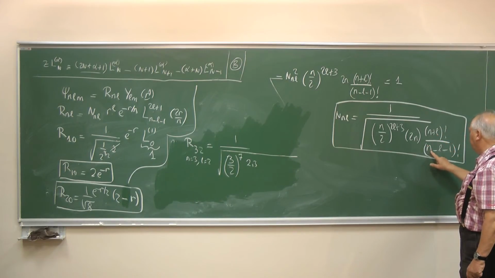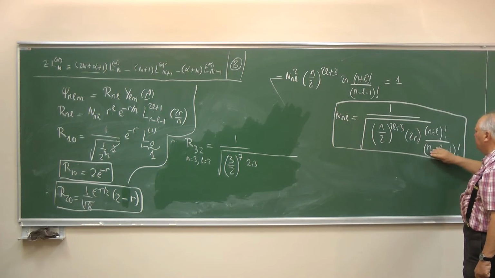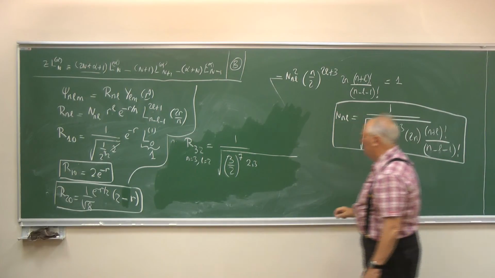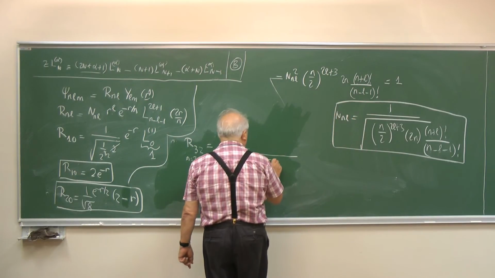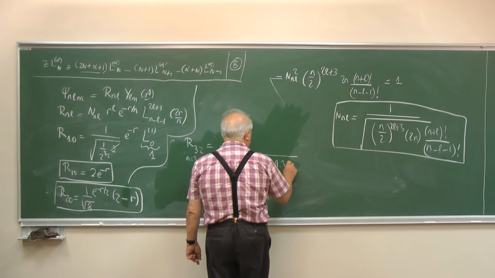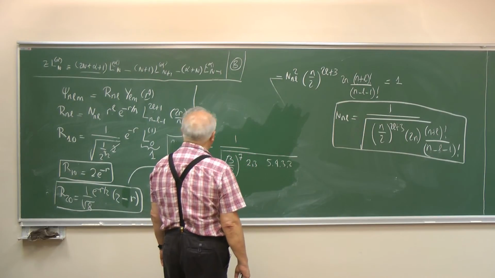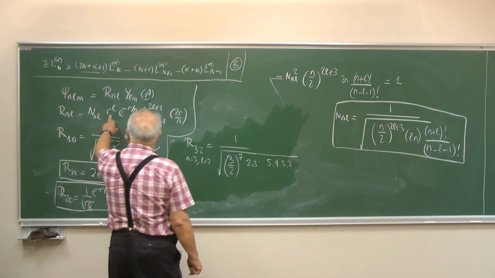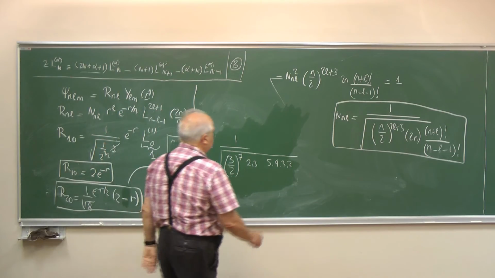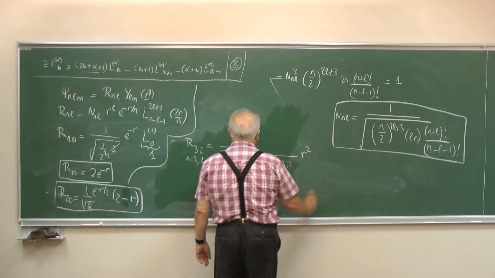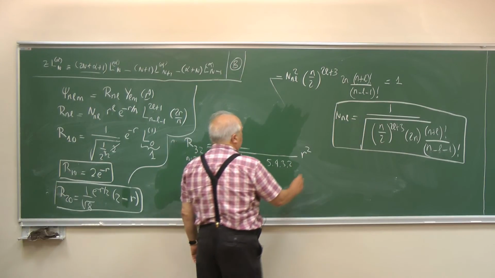Here it is 3 minus 2 minus 1, so it is 0 factorial. This is 1. This is 5 factorial. So it is 5 factorial, so 5, 4, 3, 2. Times r to the l, that's r squared, e to the minus r over 3.